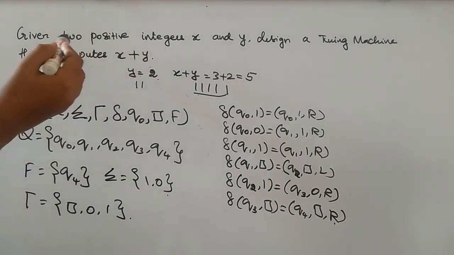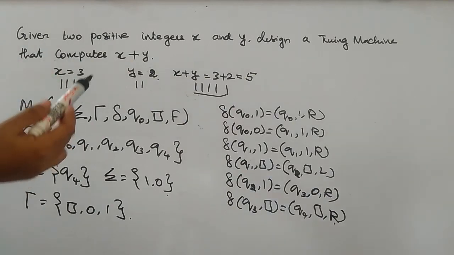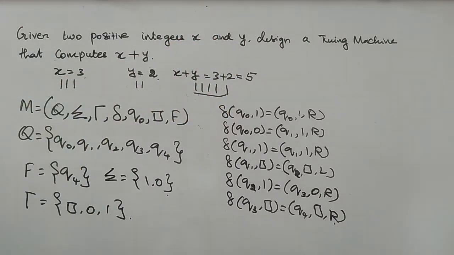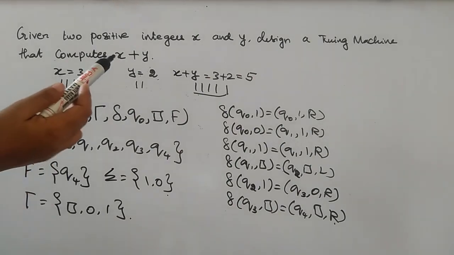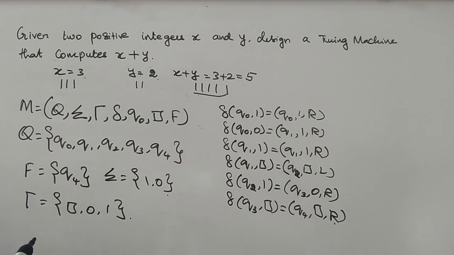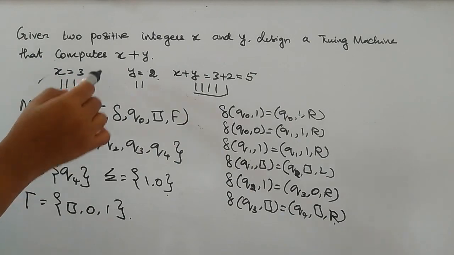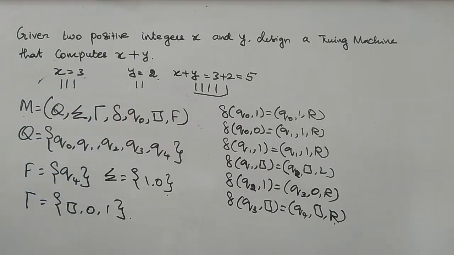The question given here asks us to add 2 positive integers, and we should design the Turing machine so as to perform that operation. So as per the concept given in the question, we have designed the Turing machine M with the internal states Q0, Q1, Q2, Q3 and Q4, and the final state is Q4, the input alphabet is 1 and 0, and the tape symbols are blank, 0 and 1, and we have given the set of transitions for calculating the addition of the 2 positive integers.